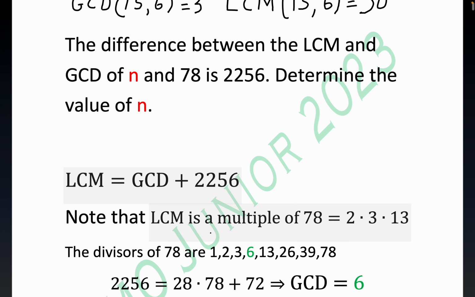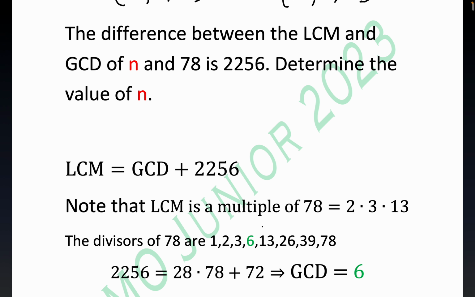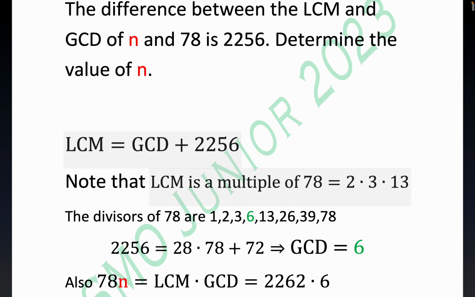Now, the LCM must, by definition, be a multiple of both of the numbers, namely 78 in this case. What we do is we list the divisors of 78. It's pretty important. And then we divide 2256 by 78. Notice we get this remainder of 72, which implies the GCD has to equal 6. That's easy to see if you just look at this statement right here.